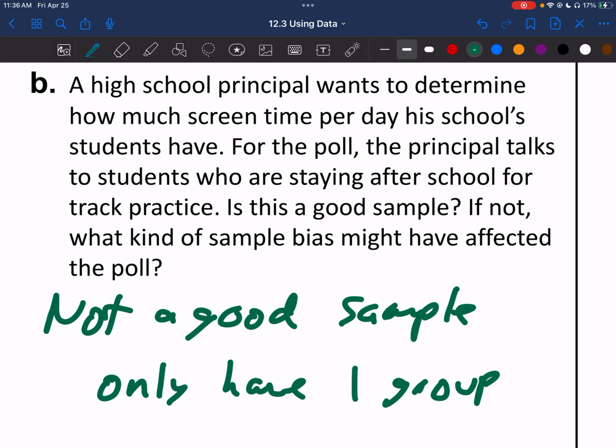You have a lot of people that are not active in sports or other athletics that maybe would have more screen time than an athlete would, because an athlete is spending time at practice that others may be spending on screens. So this is not a good sample because it is not really representative of the entirety of your school, because it's just the after school track practice that you're looking at.